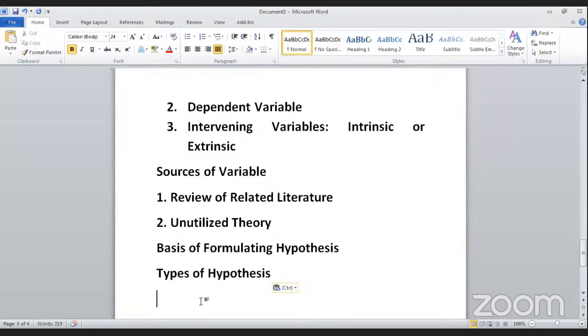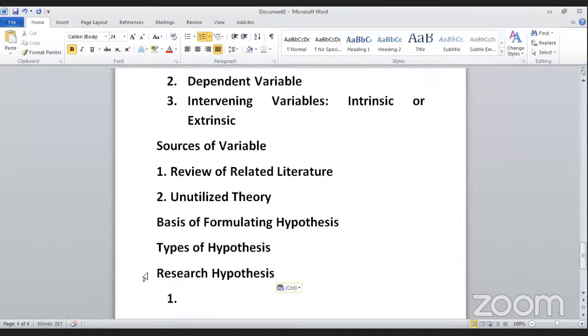What are the types of hypothesis? I'm sure you might have studied. There are, in fact, three types of hypothesis. One is called the research hypothesis, and another is called the statistical hypothesis.